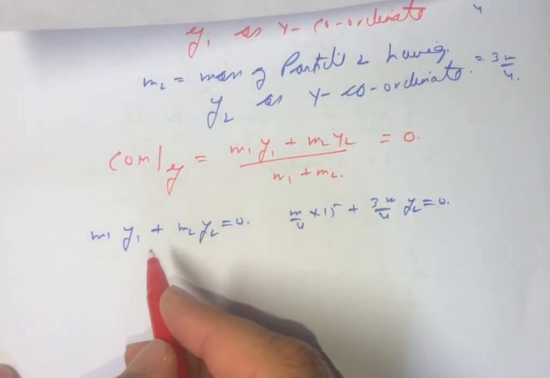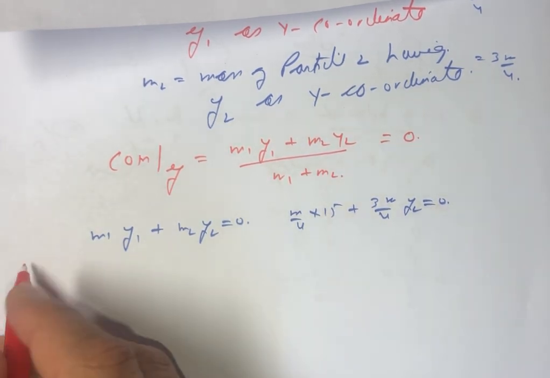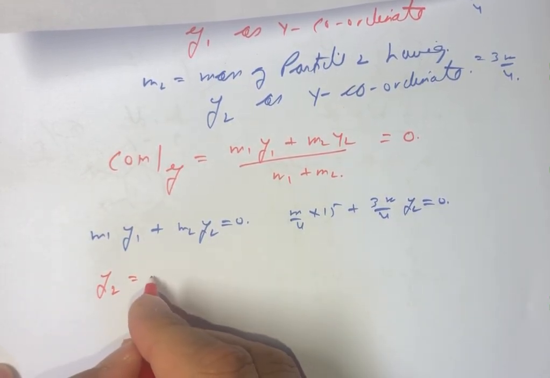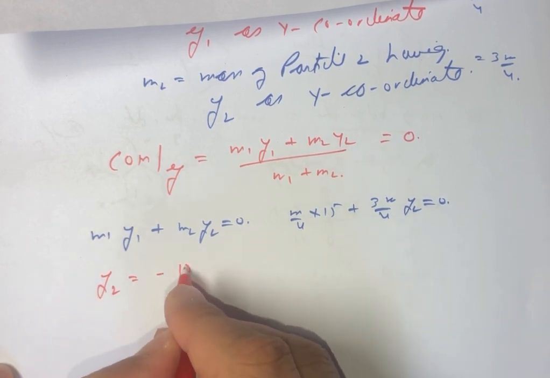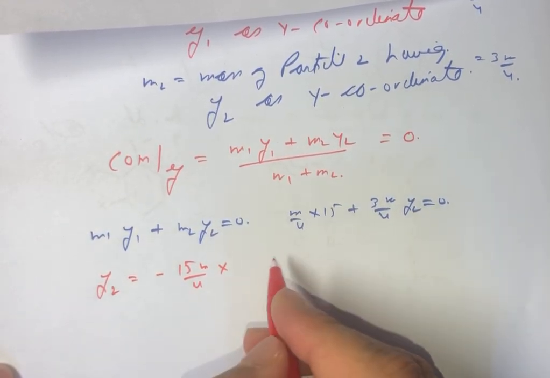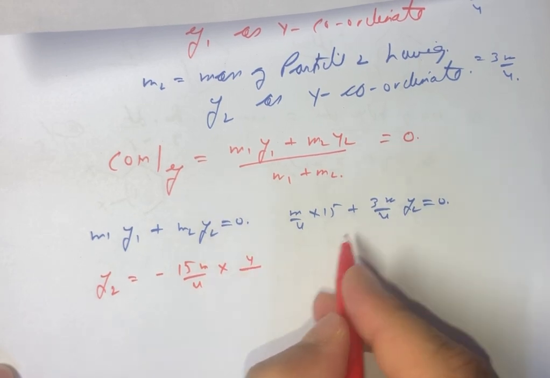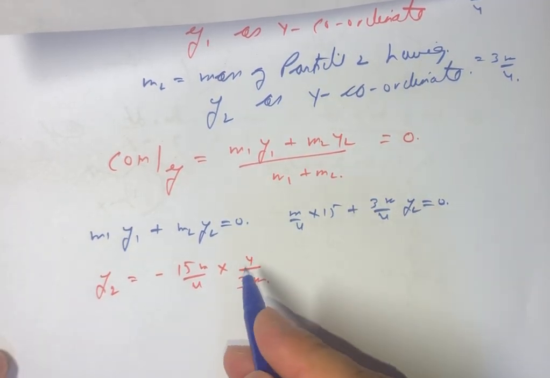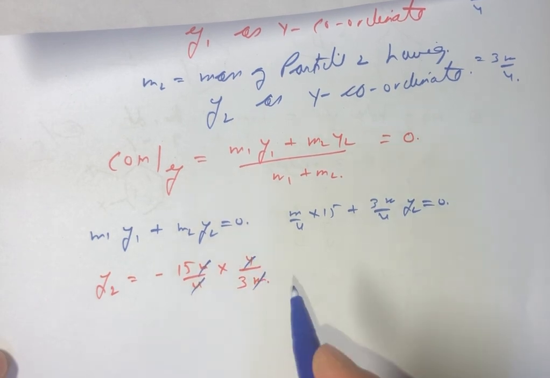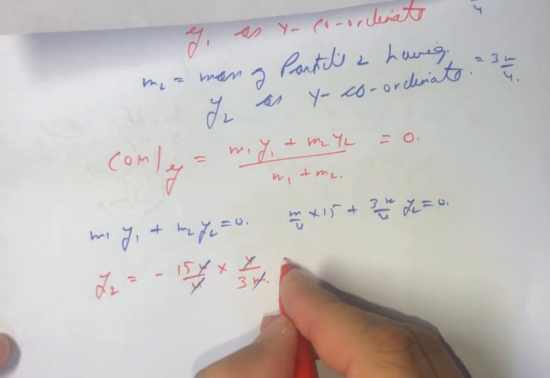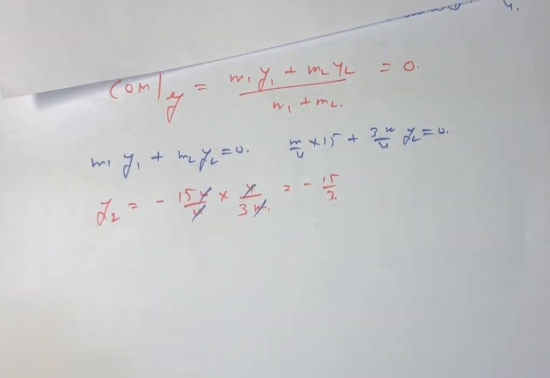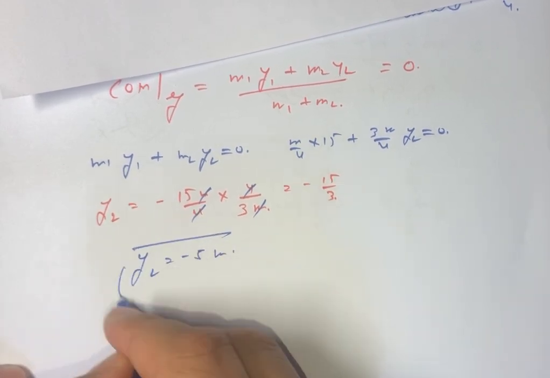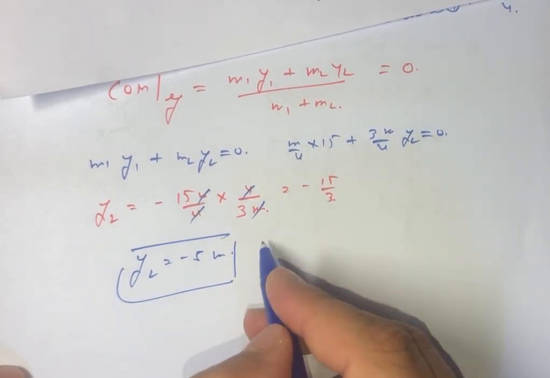From here we can say that y2 is equal to minus 5m by 4 multiplied by 4 by 3m. The m and m cancel out, 4 and 4 cancel out. So we get minus 5 by 3 centimeters.